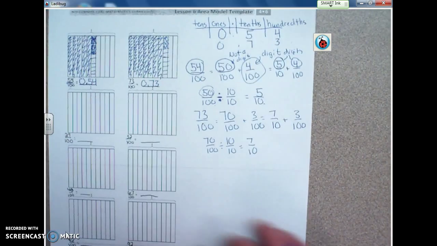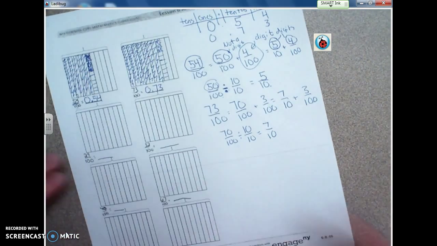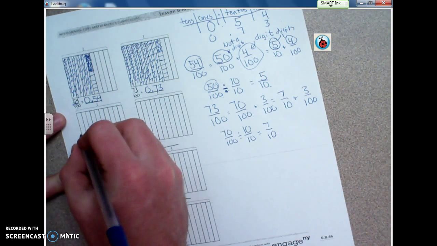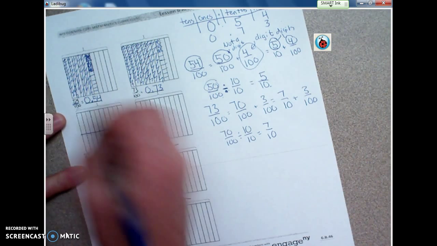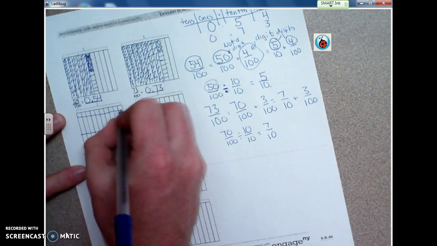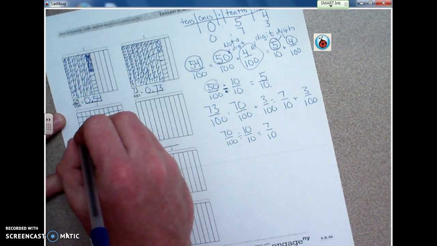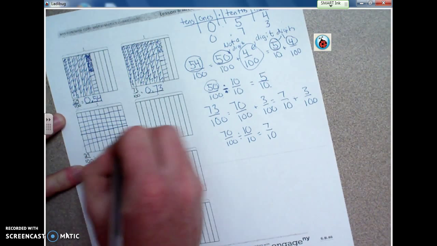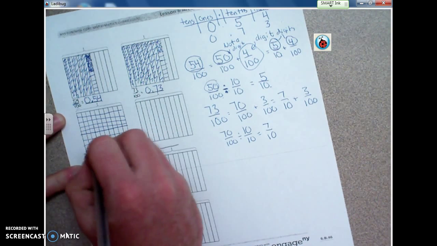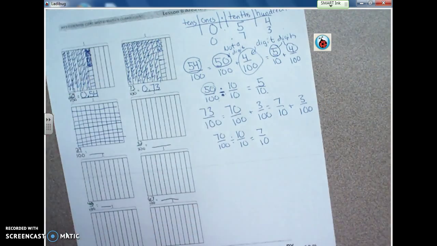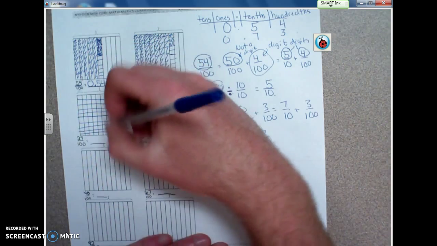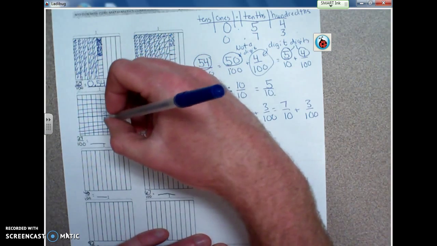All right, let's look at this model right here. I want to show you what I'm doing here. I'm going to take this model and split the whole thing. When I split this into hundredths like I just did, we can see each column has 10 hundredths in it.